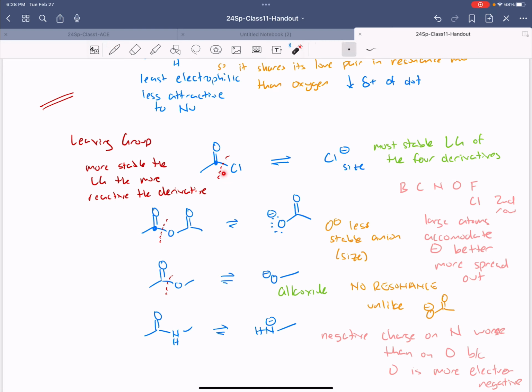You want to have the reaction move forward. So if this is very stable, this will happen very quickly. This is a lot more attractive to the nucleophile and a lot more reactive. Here we don't like this leaving group, so it'd rather just stay stable and not be very reactive and not kick out this leaving group, this N minus.